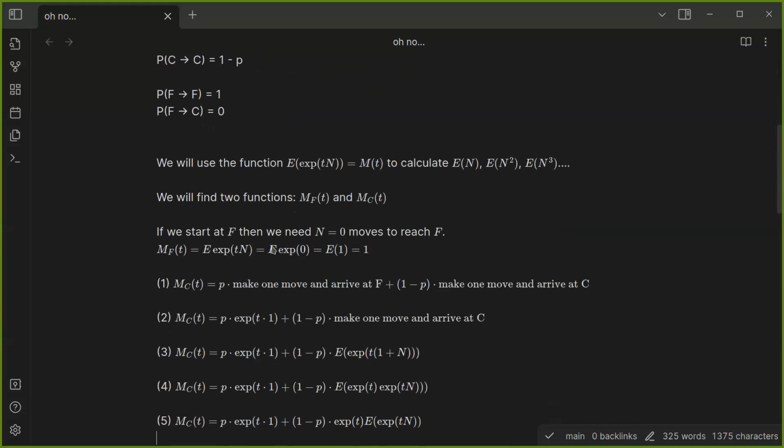Hence Tn is equal to t. Hence the exponent of Tn is equal to exponent of t times 1. And the expected value also is exponent t times 1 times p. We multiply the probability by the value of the random variable.